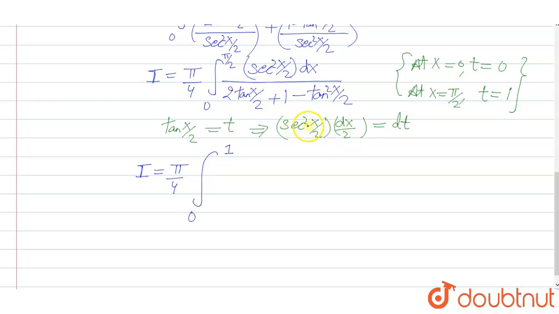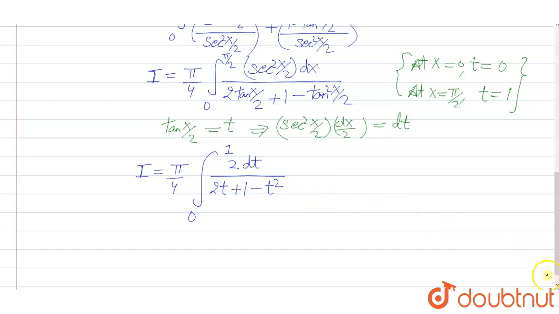Now from here secant square x by 2 into dx value is 2 dt. So we can write 2 dt here, and in denominator tan x by 2 would be equal to t. So this becomes 2t plus 1 minus t square.